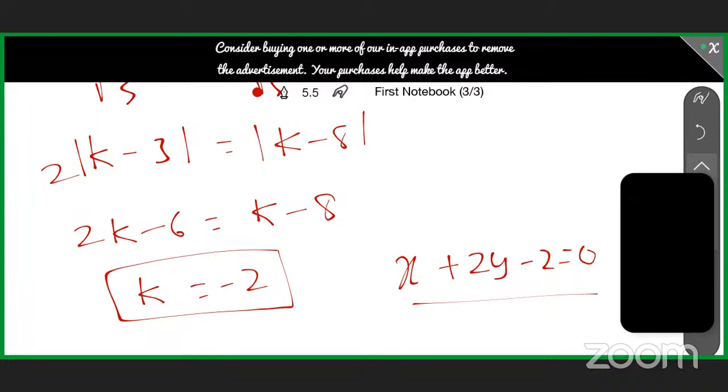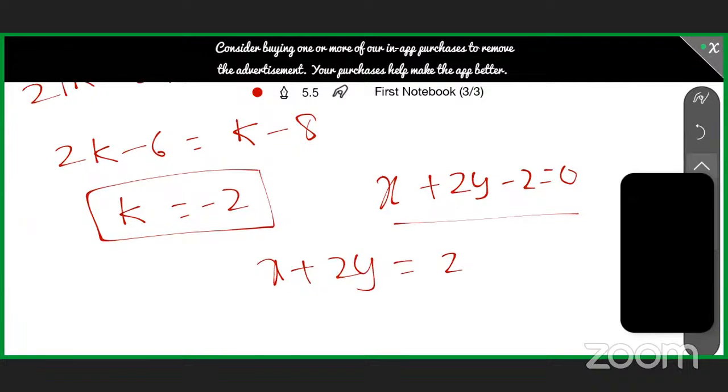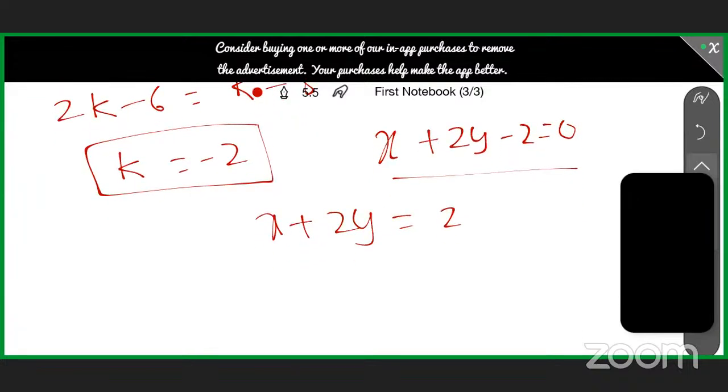So this equation I have to write in normal form. That is x plus 2y is equal to 2. Divide both sides by root of a square plus b square, that is root 5. That will become x by root 5 plus 2y by root 5 equals 2 by root 5.